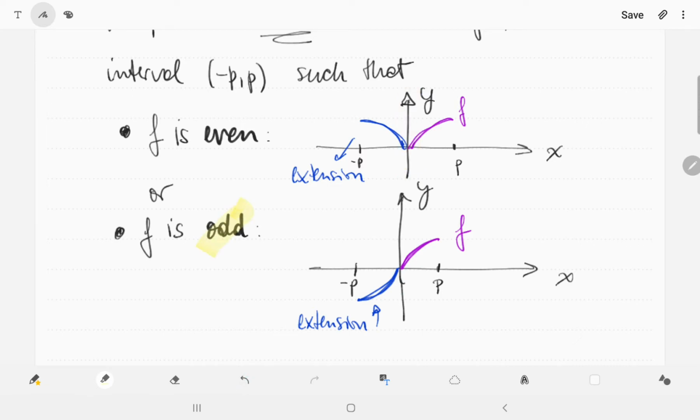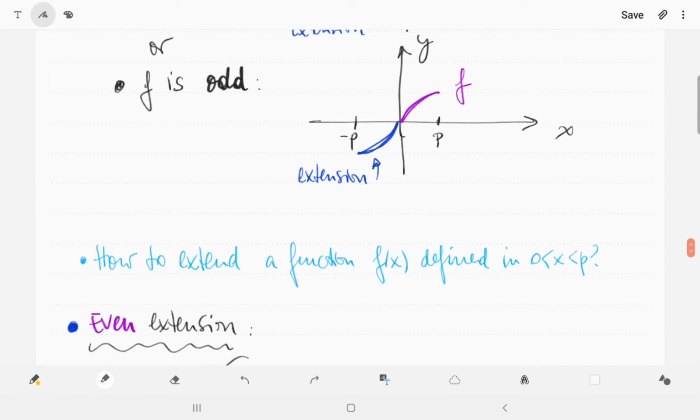If I want an odd extension, I have to take the graph of f and copy it in such a way that in the interval (-p, 0) we have a symmetry, but with respect to the x-axis. Okay, so this is in the graph setting, but how about the definition of the function?